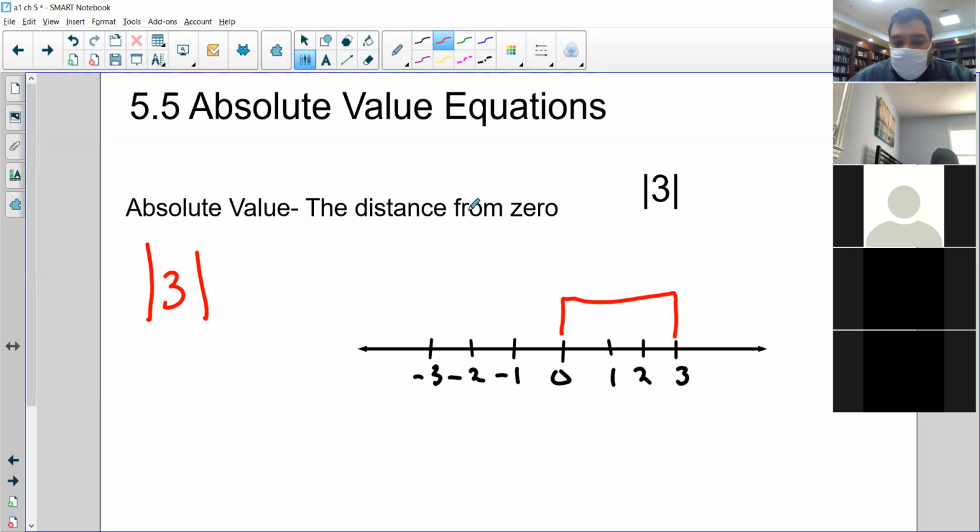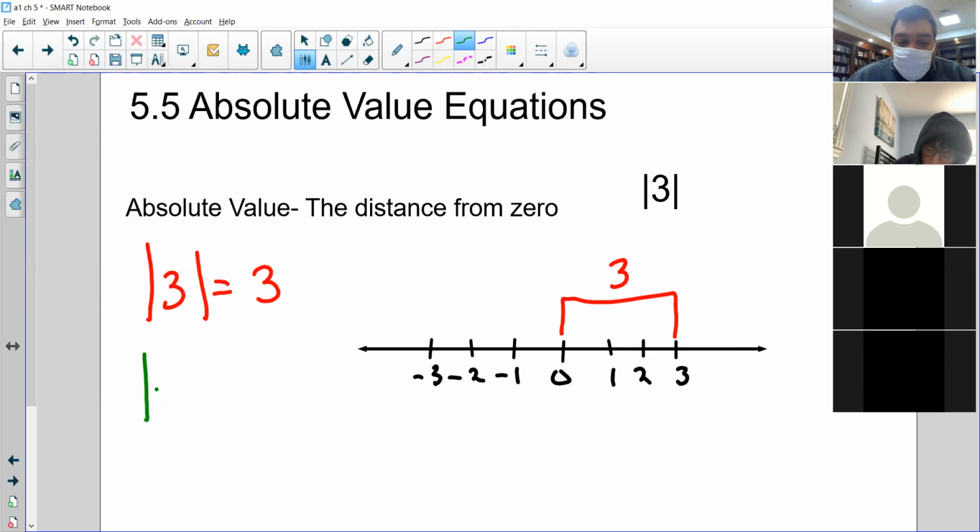So when I say the distance from 0, you can't have a negative distance. There's no such thing as a negative distance. You can walk backwards 2 feet, but you can't walk -2 feet. And here, the distance between 0 and 3 is 3. So very straightforward. When you have a positive number, the absolute value of 3 will give me 3.